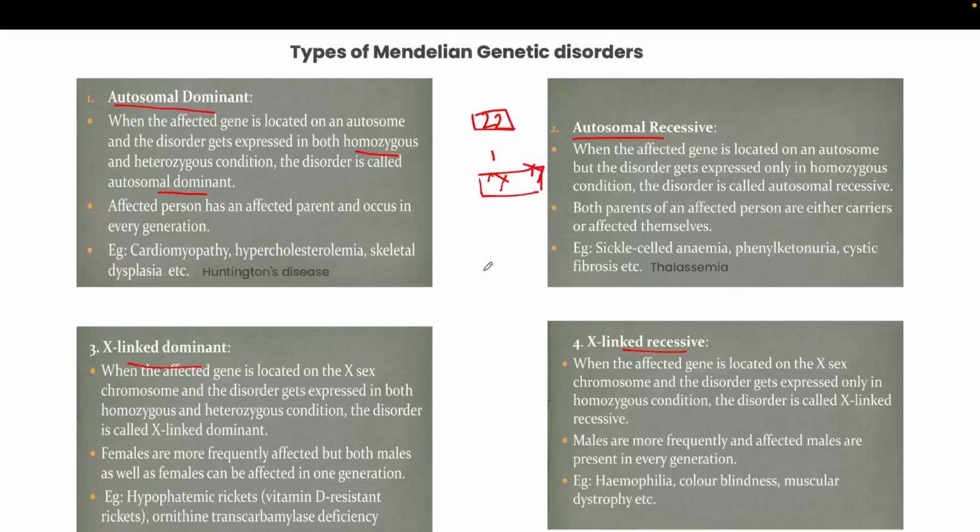Okay, how does that come about? Suppose the mother has the recessive gene, and the father also has the recessive gene. The father and mother are either affected or carriers.